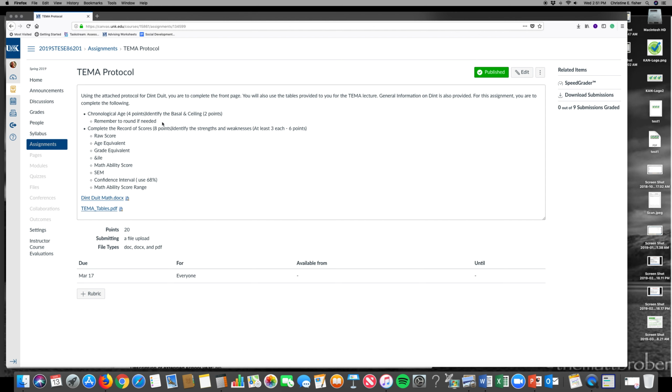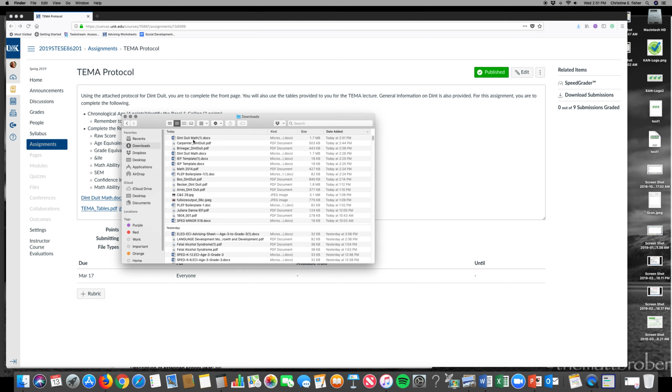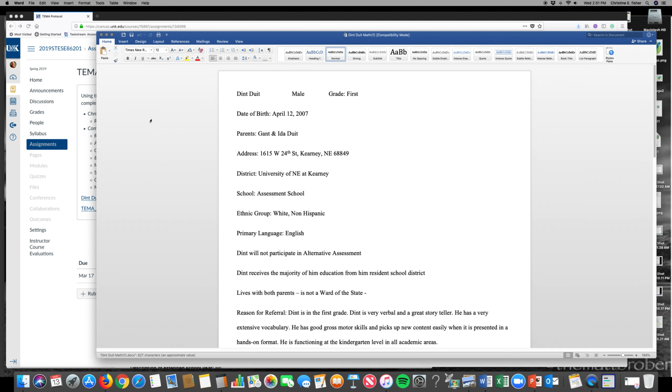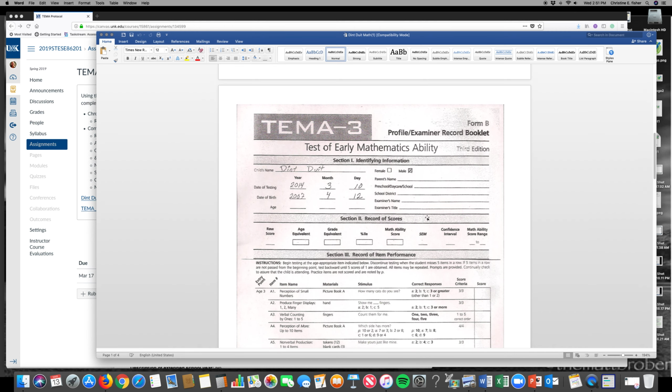Where it says remember to round, you need to fill out on the TEMA. Let me get this up real quick so you can see it as well. So when I'm asking for the age, I'm asking you to figure this.